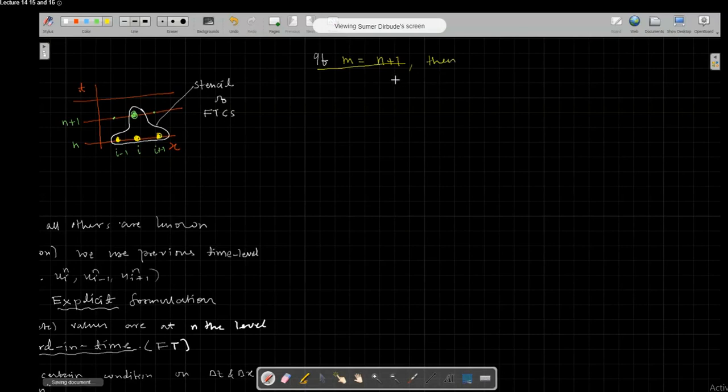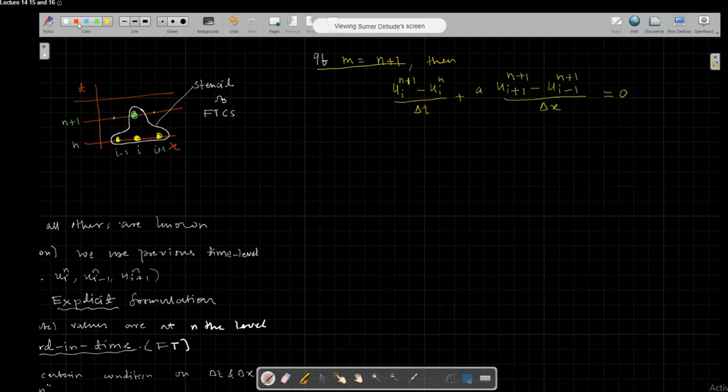Then u i n plus 1 minus u i n by delta t plus a times u i plus 1 minus u i minus 1 at n plus 1, divided by delta x, is equal to 0.